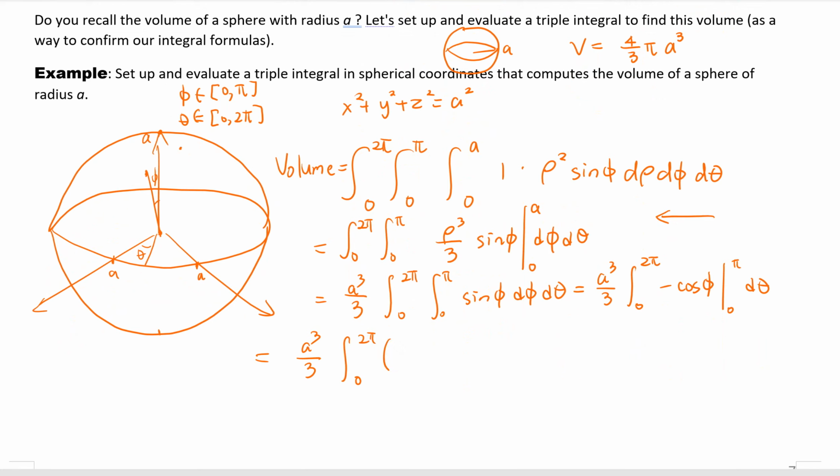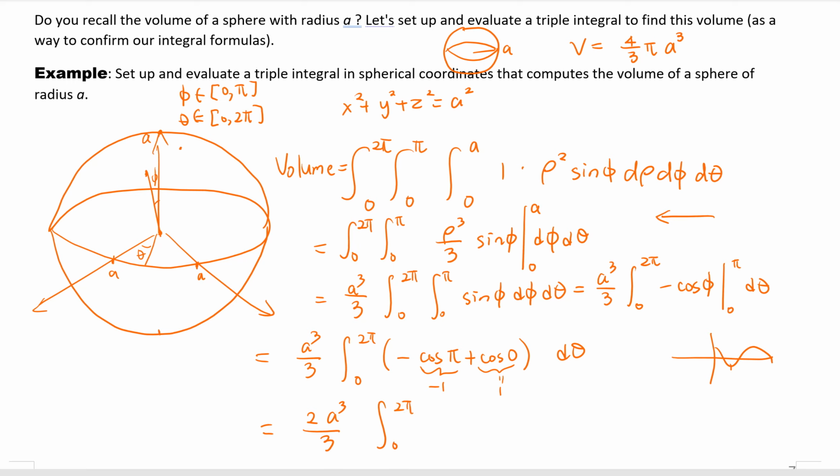We plug in pi first. So cosine pi, minus negative becomes plus cosine 0. Do you know what that is? Cosine pi is -1. Cosine 0 is 1. So we have negative of negative 1, which becomes 1 plus 1, which is 2. So that gives us 2 a cubed over 3.